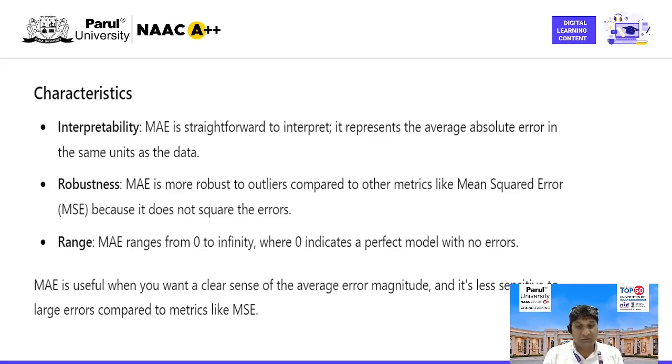It means if you want a clear-cut sense of the average error magnitude, and it's less sensitive to large errors compared to metrics like MSE. If the chance of large errors occurring is less, then you can use the MAE metric to complete your model.